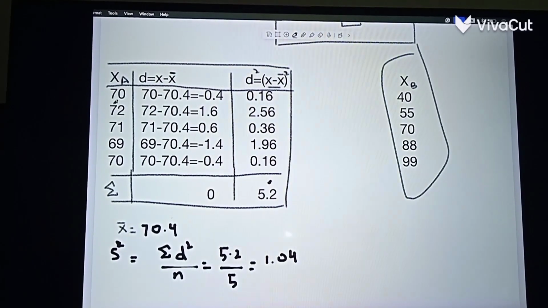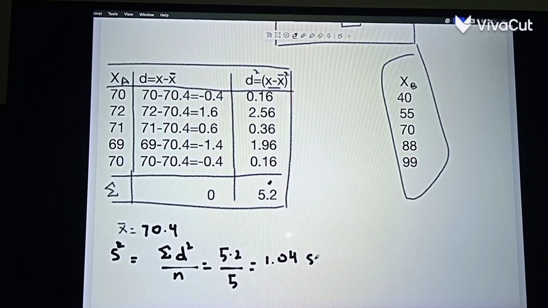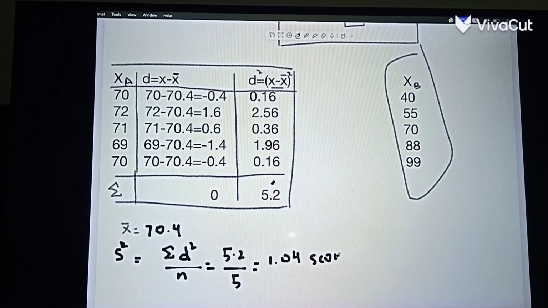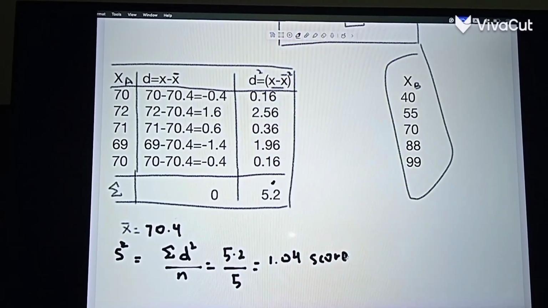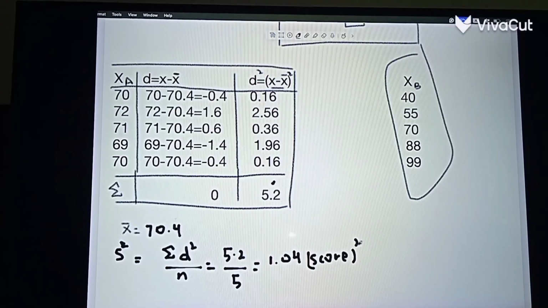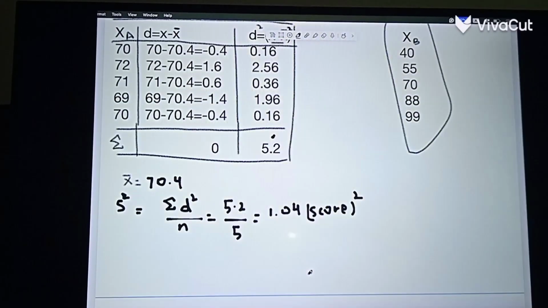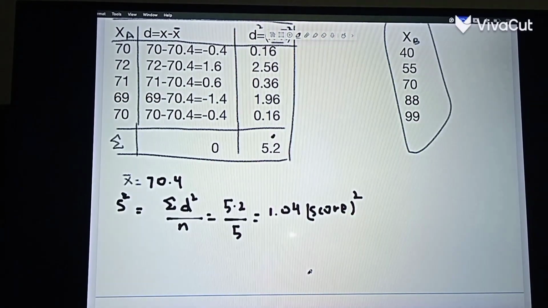The unit is score, so I will write score squared, because in variance you have to represent the answer with a square.